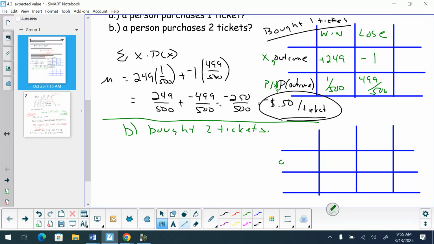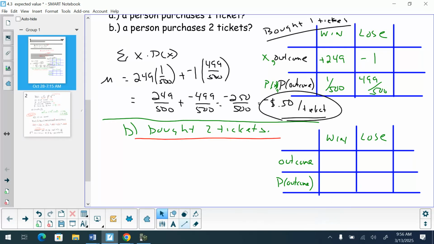We still have outcome and probability of outcome. We still have winner, winner, chicken dinner. And then we still have losers. You now bought 2 tickets. So if you bought 2 tickets, if you win, you have a plus 248 here. If you lose, minus 2.